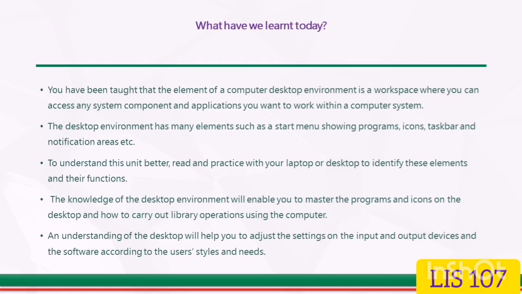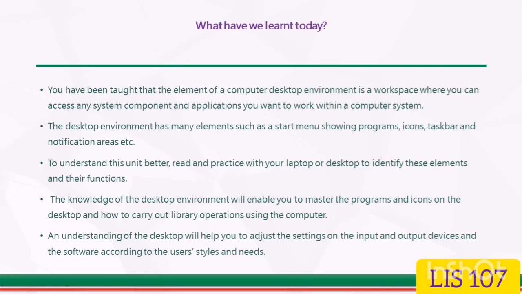Now we have come to the end of today's lesson, and what have we learned today? We've been taught that the element of a computer environment is a workspace where you can access any system applications you want to work with. And then we said that there are so many elements, such as the start menu, the programs, icons, taskbar, and notification areas.